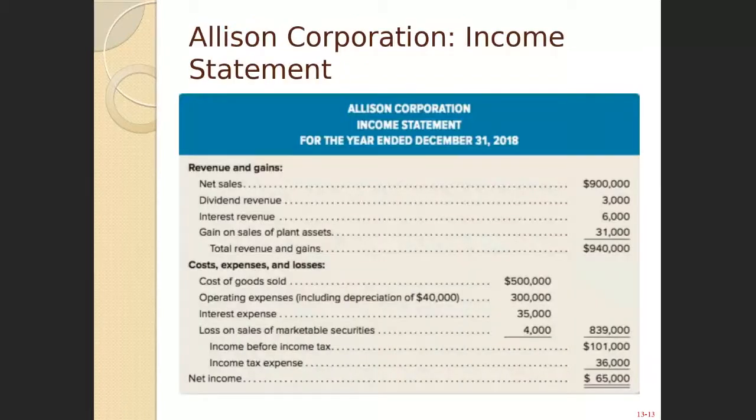Remember the information that you must have. Hint, hint, hint. When you're preparing a statement of cash flows, you must have the current year's income statement. In addition, you need 2 years' balance sheets, the previous year's and the current year's. The third piece of information is the additional information section.